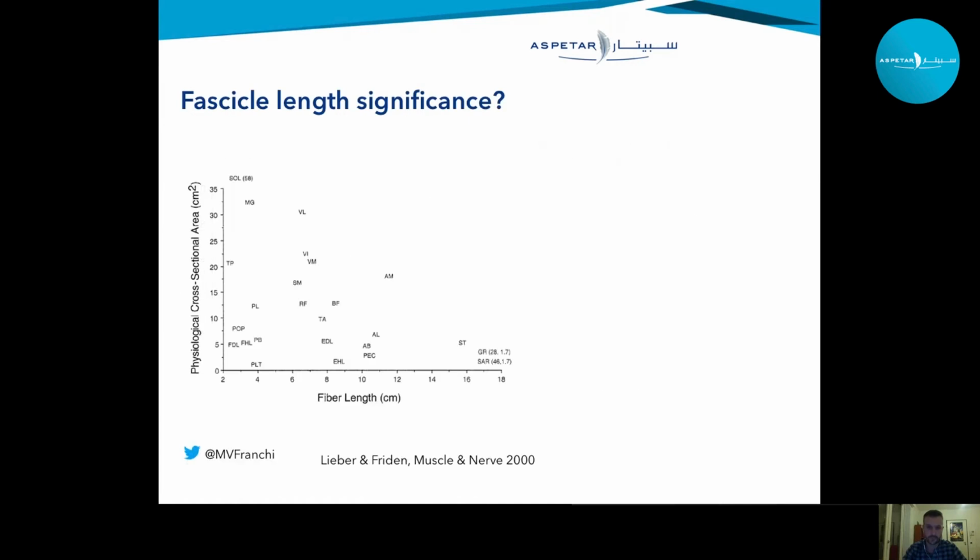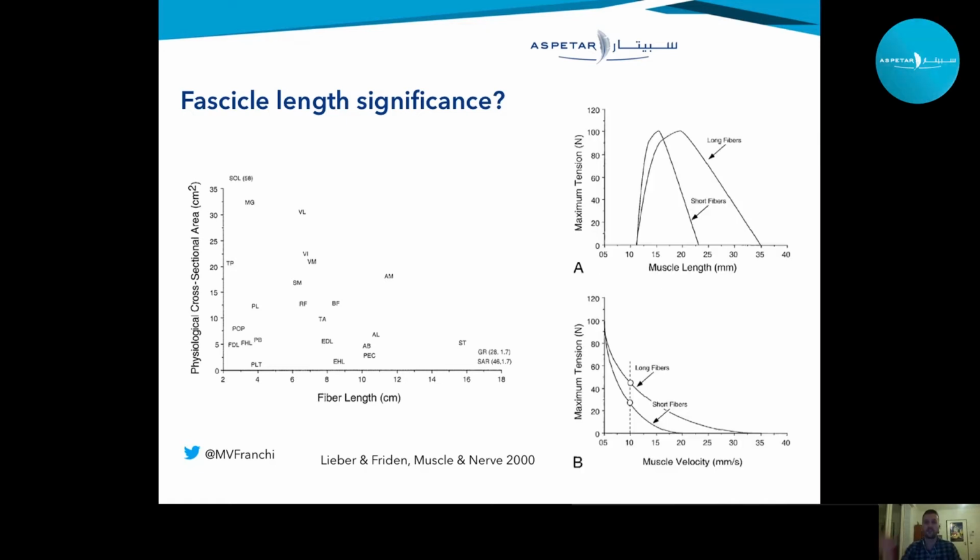And not only is physiological cross-sectional area variable between muscles, but also fascicle length is. If we instead consider two muscles with the same physiological cross-sectional area but with different fascicle length, we will see how this difference affects the muscle force-velocity relationship and force-length relationship.